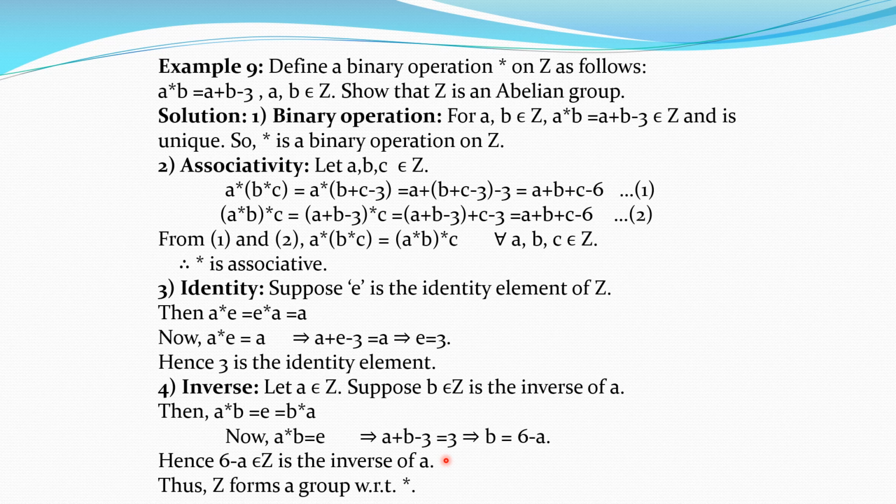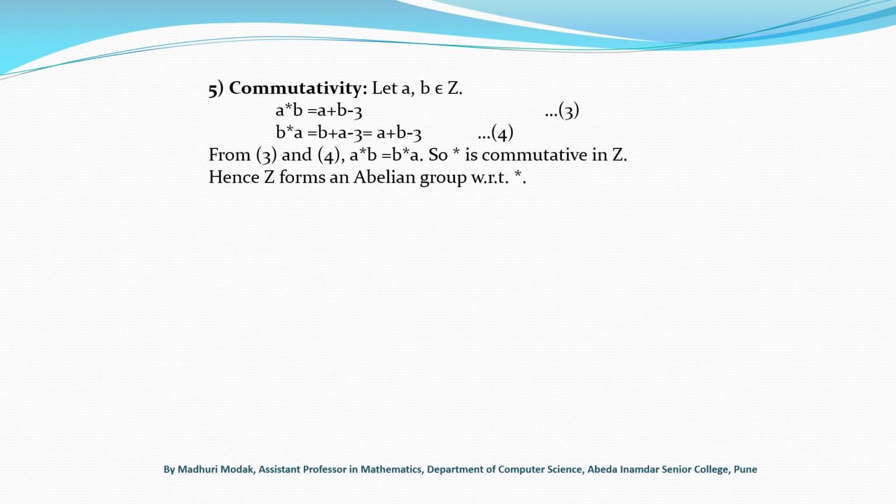Thus, all four properties of a group are satisfied. So, Z forms a group with respect to star. Now, in the question, we have to show that Z is an abelian group. So, we show star is commutative also. One more property we have to check in this case is the commutative property. So, we take two elements a, b in Z and we show that a star b equals b star a.